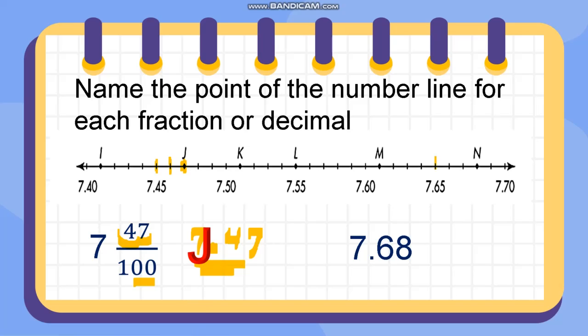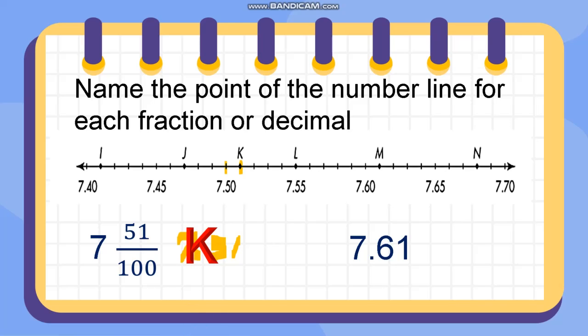This is your 7.65, 7.66, 7.67, 7.68, and that is letter N. Next, 7 and 51 hundredths means in decimal that is equivalent to 7.51. So this is your 7.50, so it's 7.51, so that is letter A.